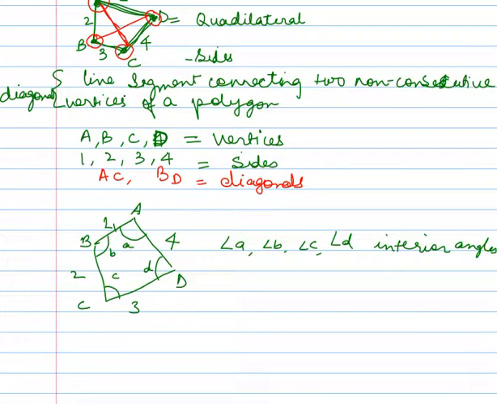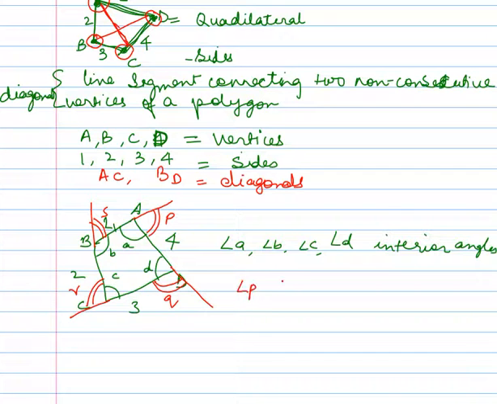And let us look at the exterior angles. Now we will learn what an exterior angle is. See this angle, double line. Now we will rename it P, Q, R, and S. These are the exterior angles.